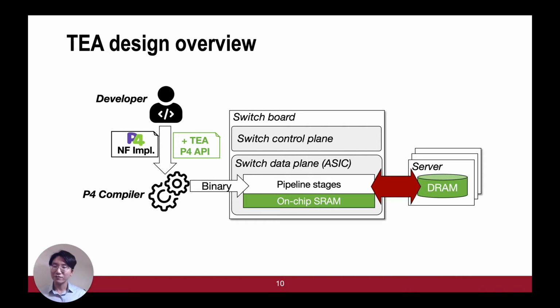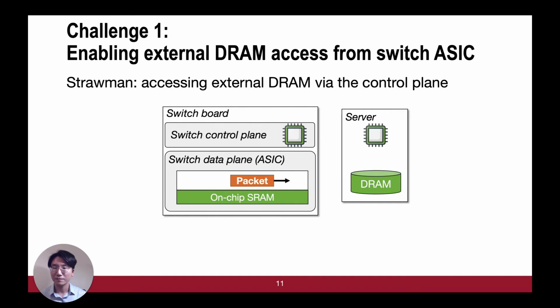While this idea of using external DRAM sounds simple, we had to address several challenges to realize our vision. When a packet comes into the pipeline and there's no entry for the packet in SRAM, the ASIC needs to access the table on the server.